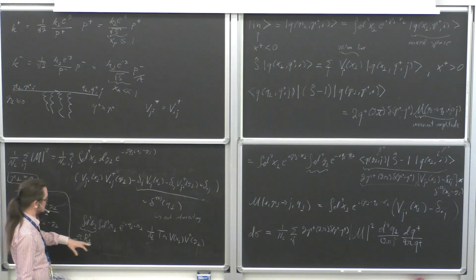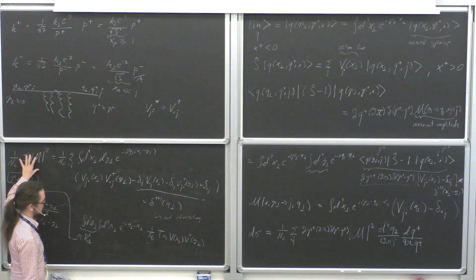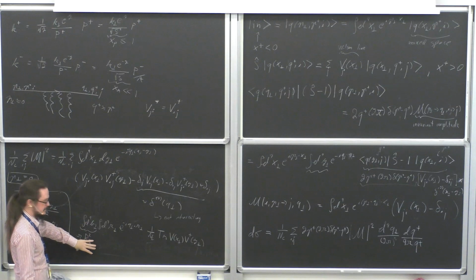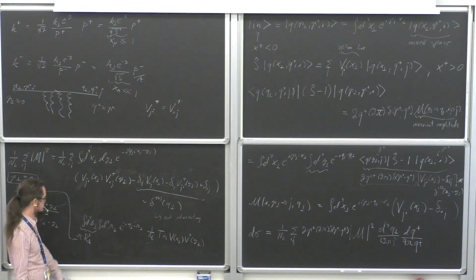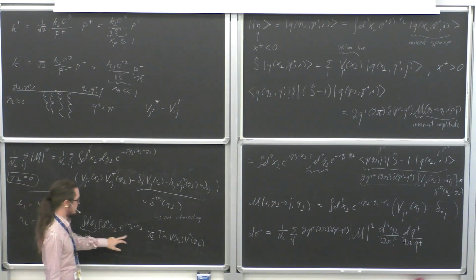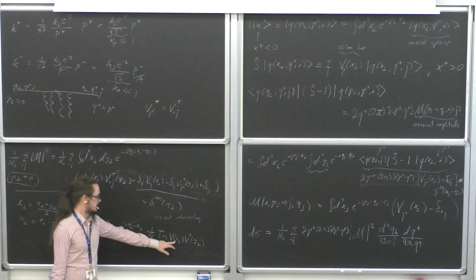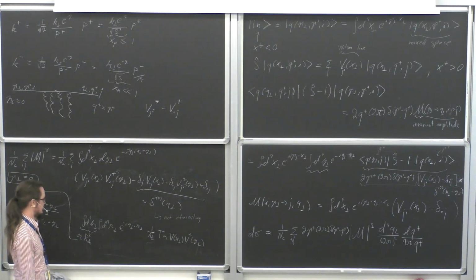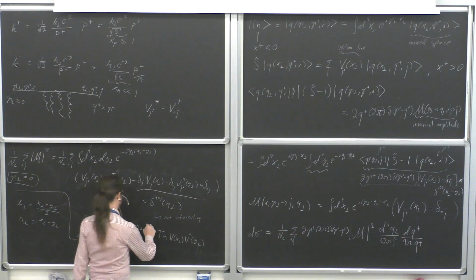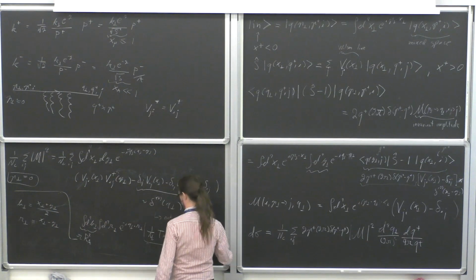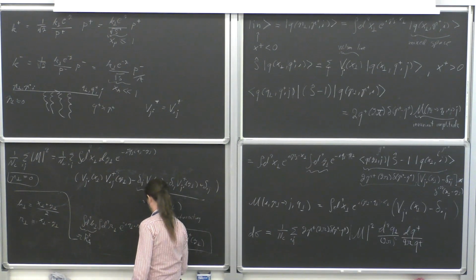The invariant amplitude squared is then the area of the nucleus times a Fourier transform of this dipole, which is called the dipole operator.